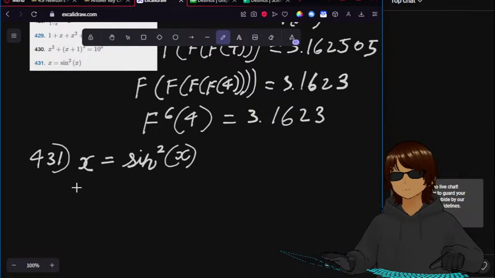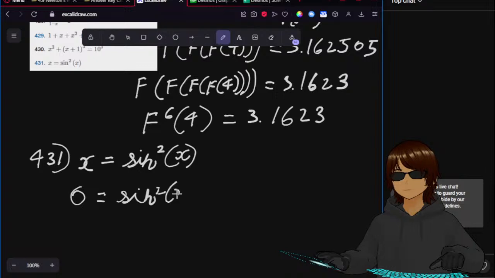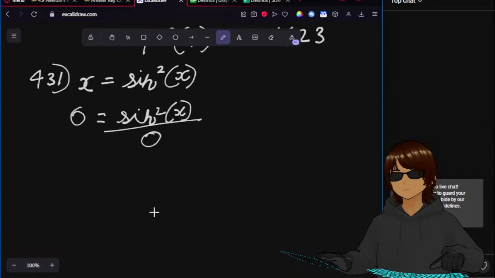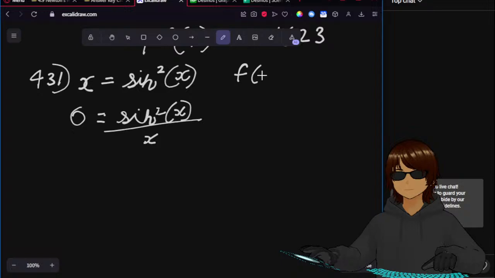I just need to put the x on the other side. So I need to find the value of x where this is 0. So, whoops. So f of x is this.